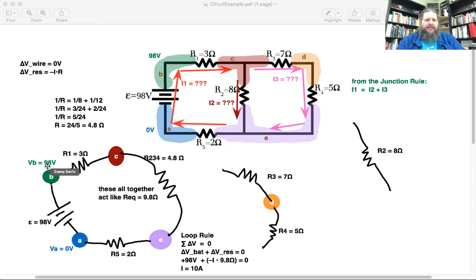Yeah, points A and B and the battery between them. So that battery is the one thing that's guaranteed to have the current we just calculated. That 10 amps is specifically the current through the battery, which also happens to be the current through resistors 1 and 3. So we can fill that in. Current 1 is 10 amps.